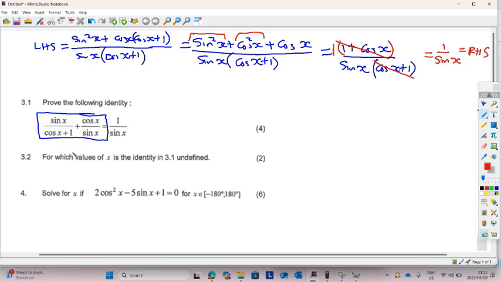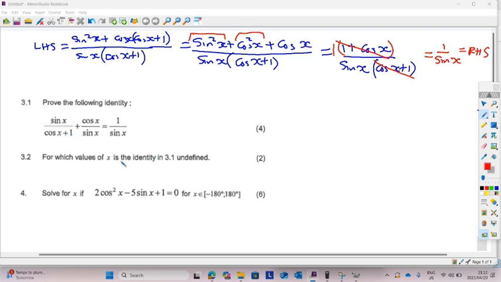And then the second question is saying, for which values of x is the identity in 3.1 undefined? All right, when we talk about something that is undefined, when you are dealing with these ratios, just remember the denominator cannot be equal to 0.